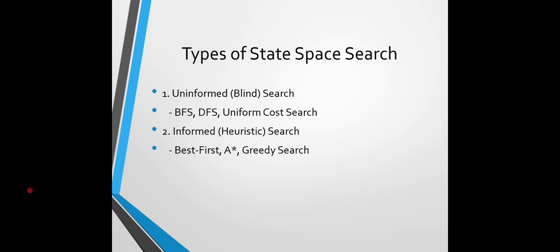Examples include breadth first search and depth first search. They are systematic but can be slow on large spaces. Informed search, also known as heuristic search, uses an estimated cost function, a guess of the distance to the goal, to guide the exploration.